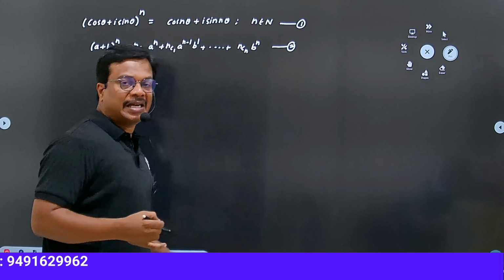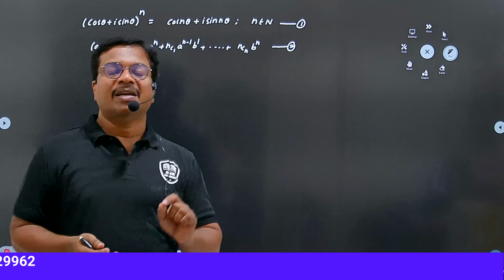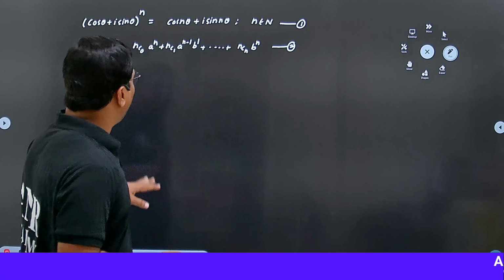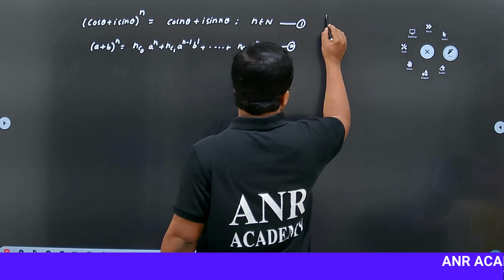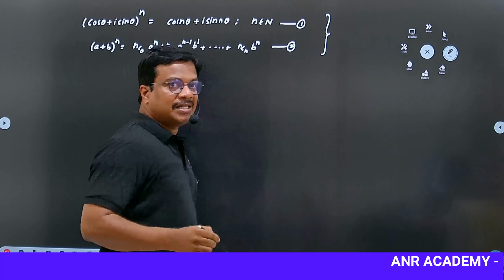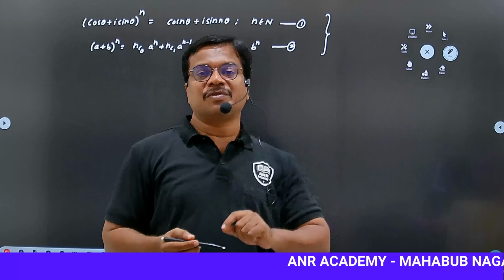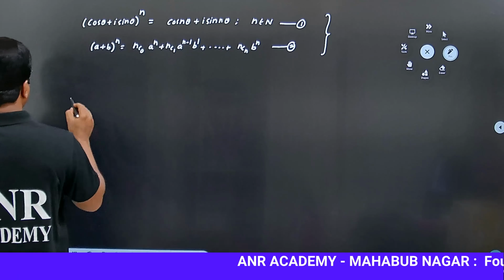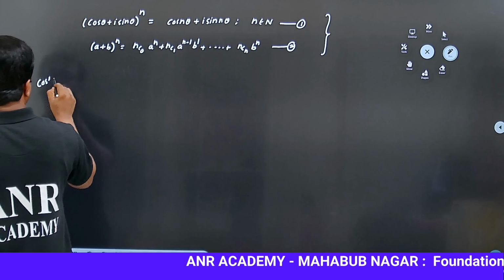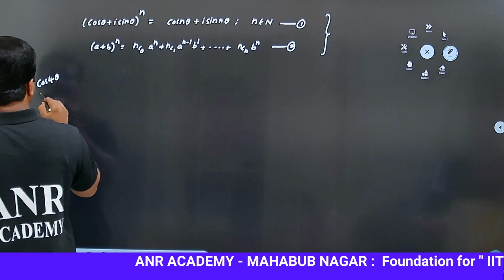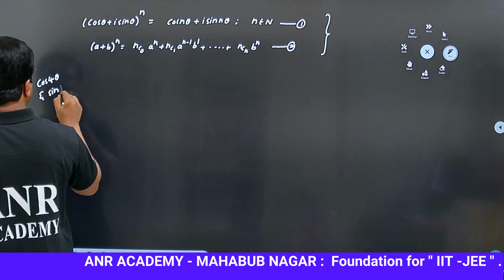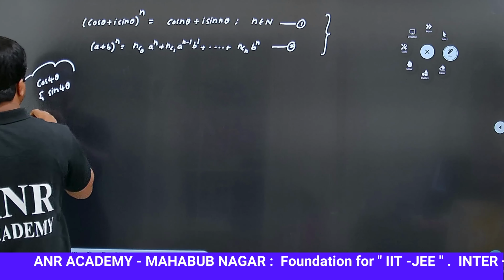First one De Moivre's theorem, second one binomial theorem. With the help of these two, now I am going to find first what the sin 4 theta and cos 4 theta formulae are.